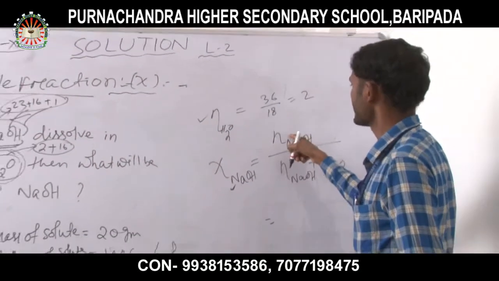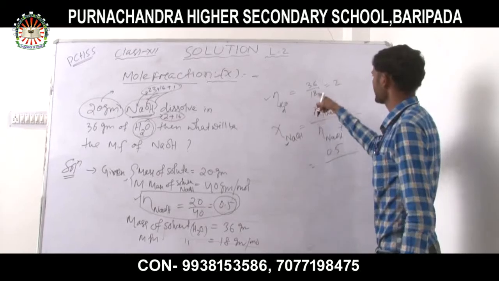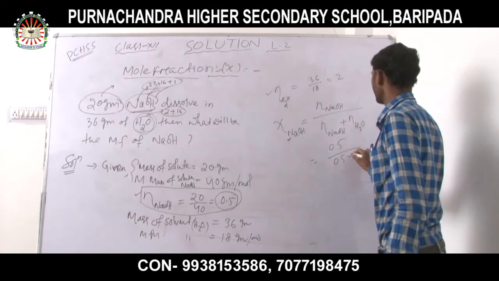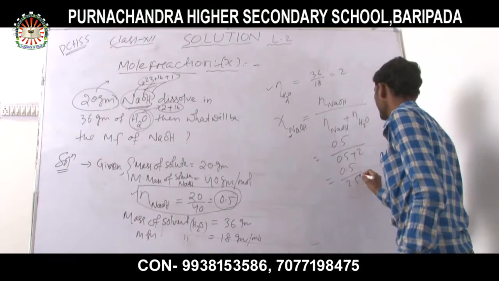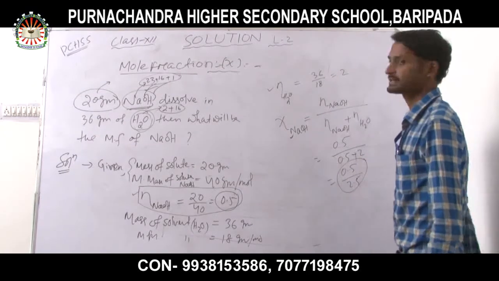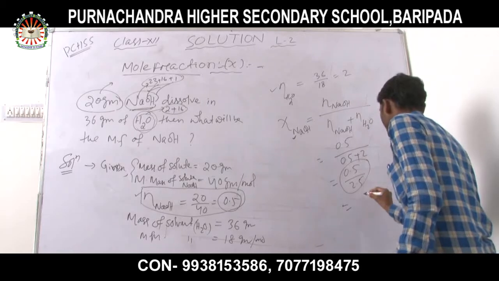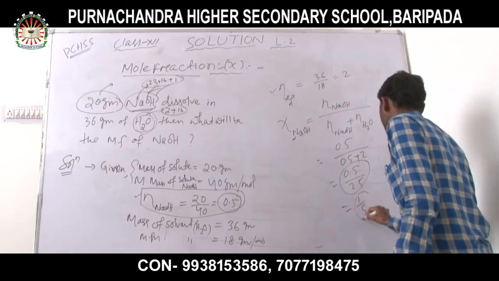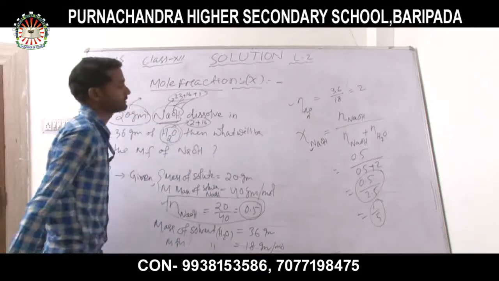Now it is 0.5 divided by 0.5 plus 2. So 0.5 by 2.5, that will be the answer. Now it is 1 by 5. So that is the mole fraction of solute.